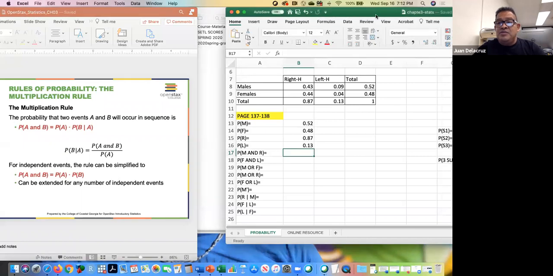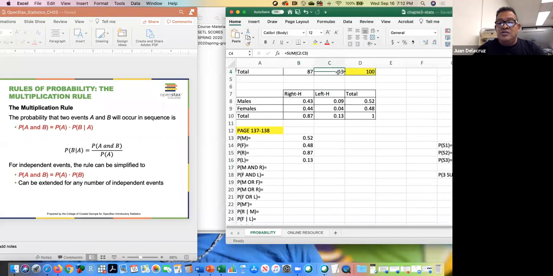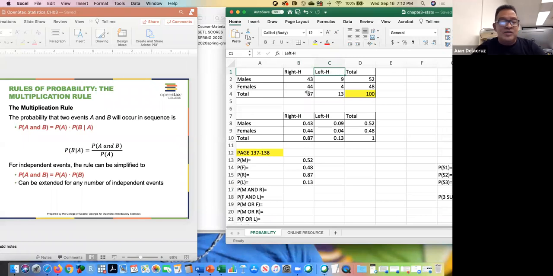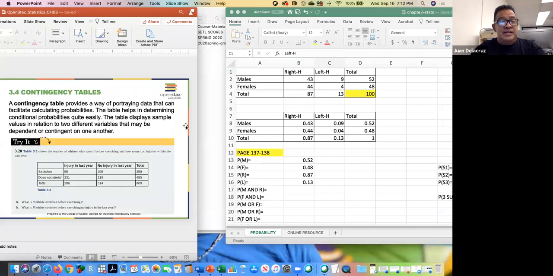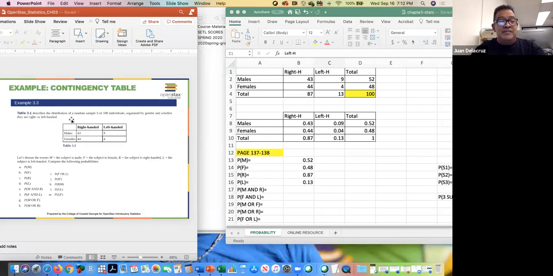So this is the information that you have in your table. Remember the table I mentioned? In that contingency table, table 3.1 describes the distribution of a random sample S of 100 individuals organized by gender, whether they are right or left-handed.